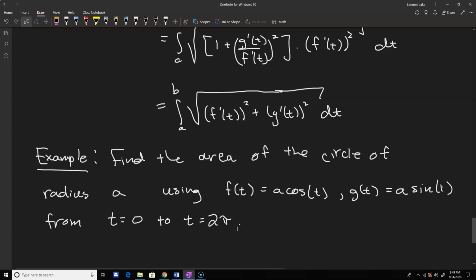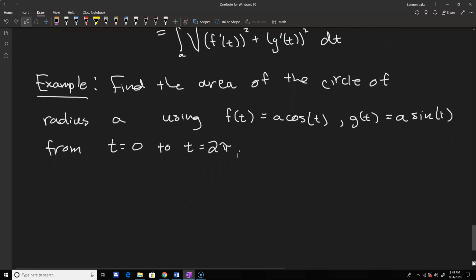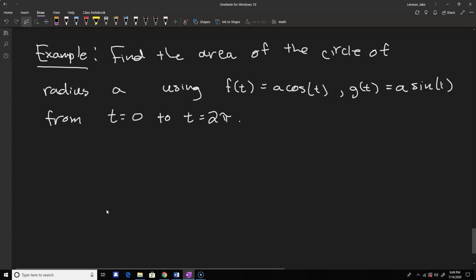So those are going to be our integration limits for this example, 0 to 2 pi. So our arc length is the integral from 0 to 2 pi of the square root of the following.